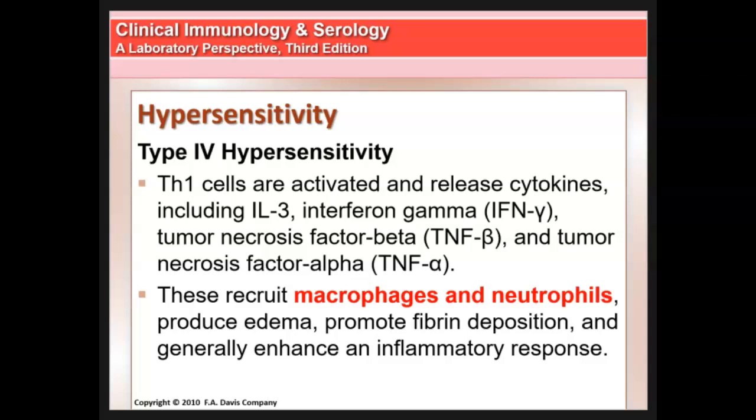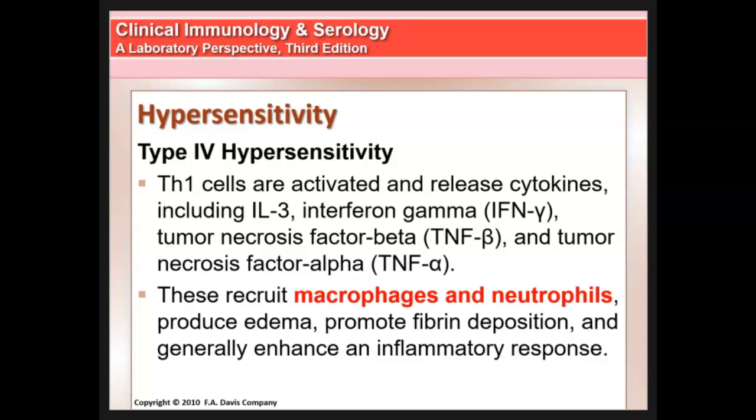An example of this type of disease is graft versus host disease. So if you have a kidney transplant and the kidney has white cells left behind and it attacks the host, that is the type 4 reaction.